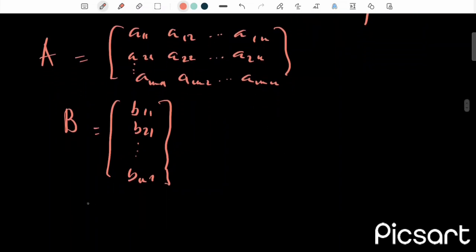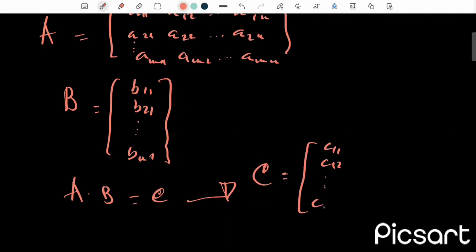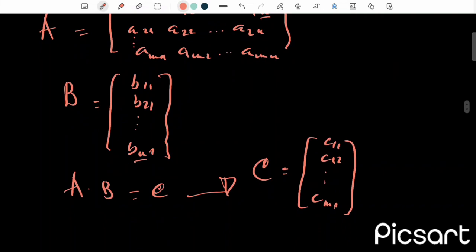Okay, then we can take the product of A by B, and we get another matrix C, where we have C as a column matrix with elements C11, C12, go on until the element here, this is N, and then here we have M1.